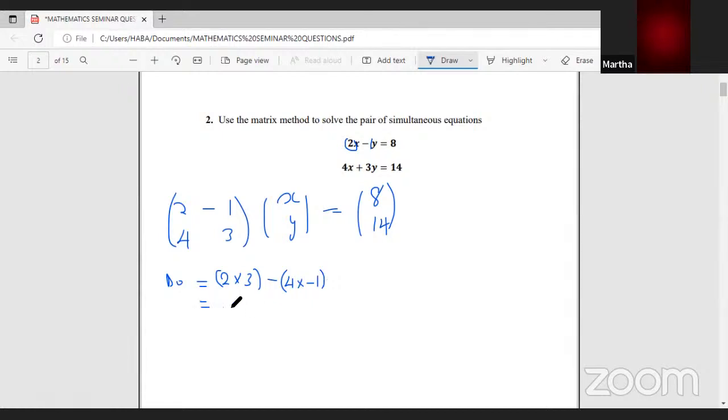So here we shall get 6 minus -4. Then I get 6 plus 4, which is 10.